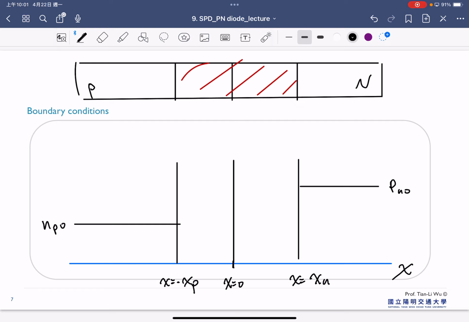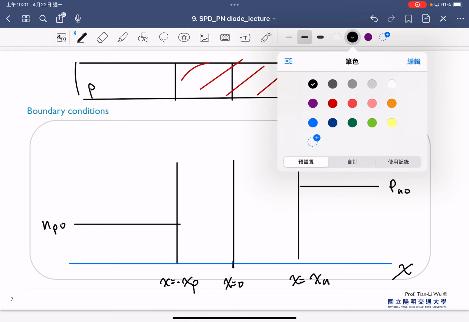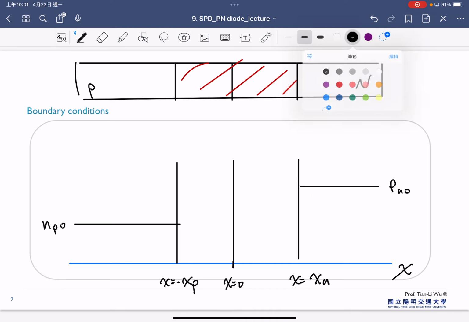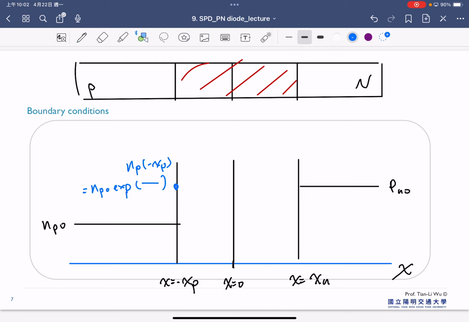Right now, we all know the boundary condition here. We can calculate the minority carrier concentration at this depletion region boundary, which is x equal to minus xp. It will be equal to NP0 exponential eVa over kT.